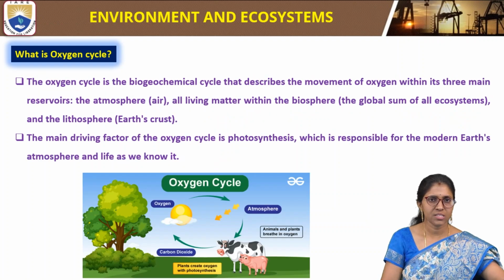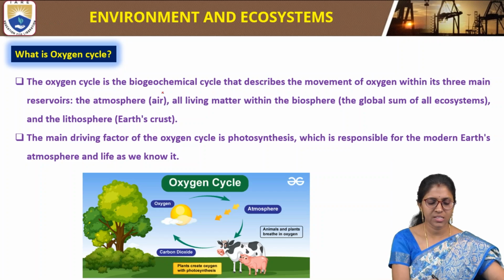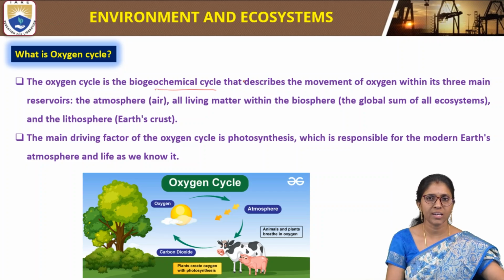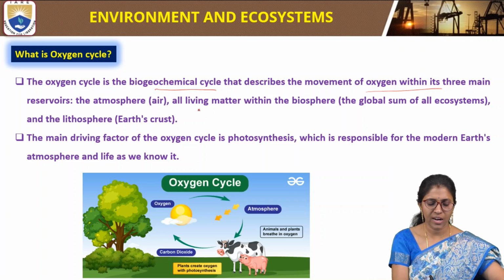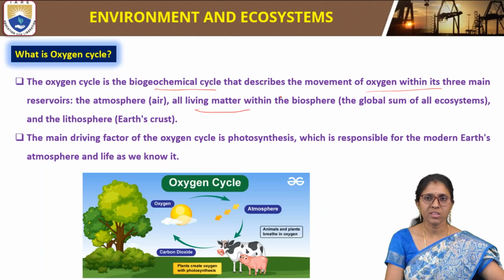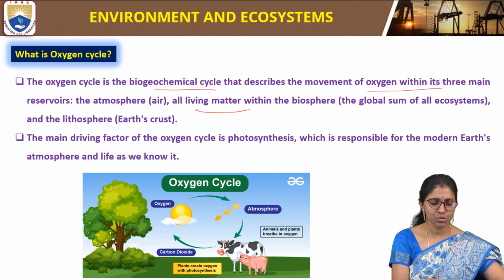So the next question is, what is the oxygen cycle? The oxygen cycle is also a biogeochemical cycle that describes the movement of oxygen within its three main reservoirs. So here, movement of oxygen from one area to another area, within its three main reservoirs: atmosphere, biosphere and lithosphere.